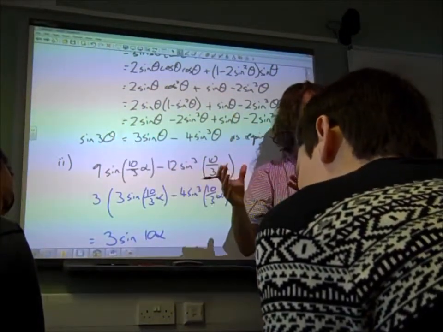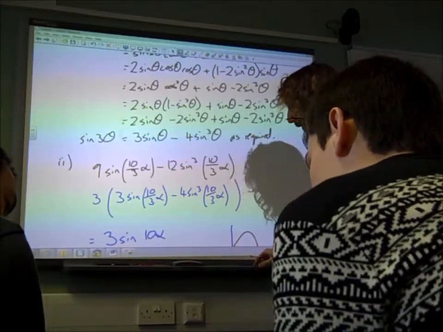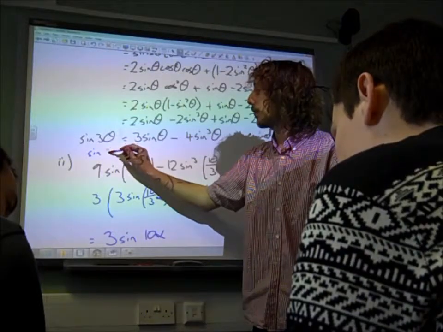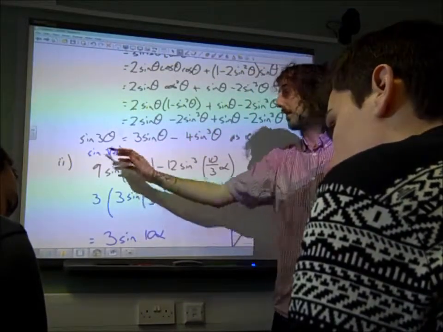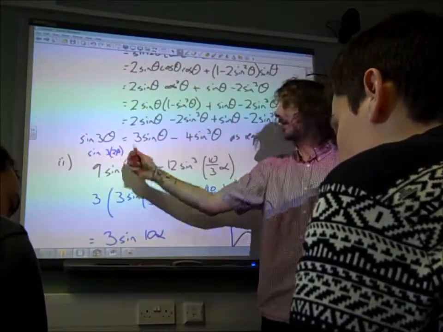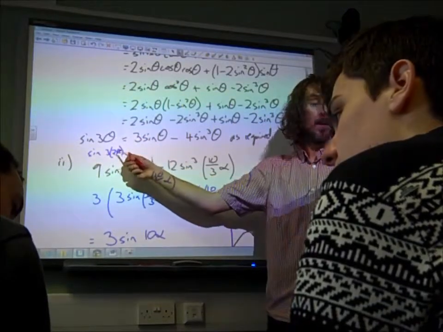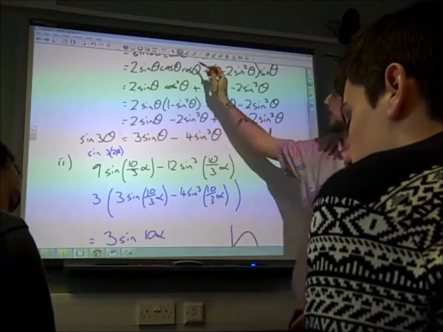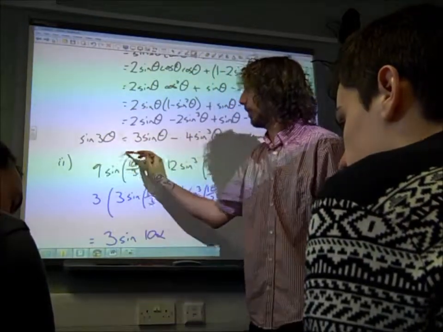And that's similar to sine 6 beta. That's like having sine 3 times 2 beta. That's sine 6 beta. So instead of theta, we use 2 beta. So 3 sine 2 beta minus 4 sine cubed 2 beta. Okay, I get that. That was my substitution. That sorted it.